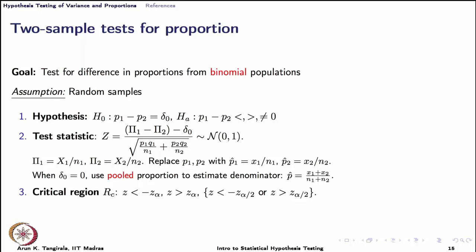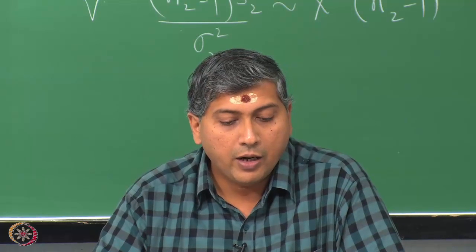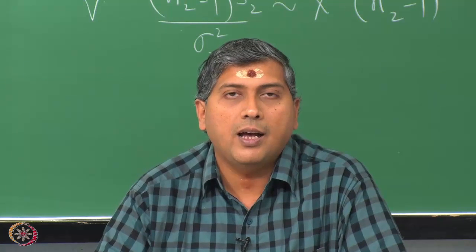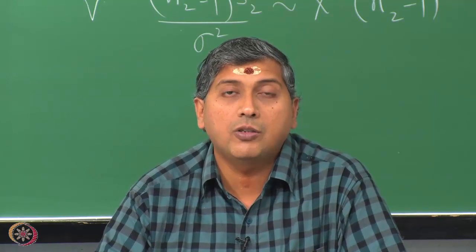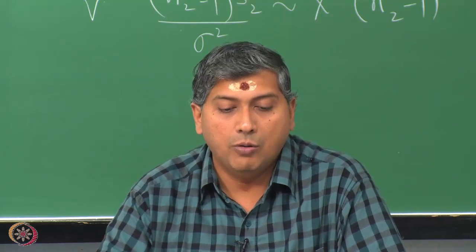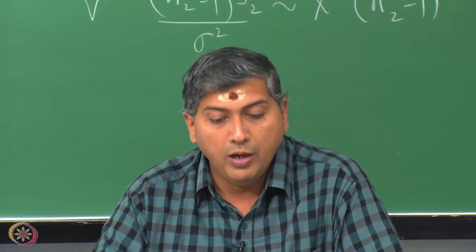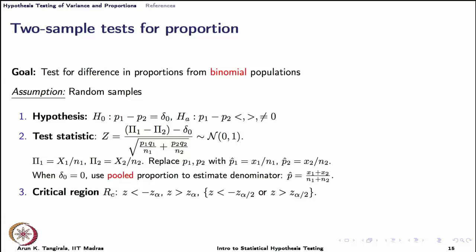So, what we do is we replace this p1 and p2 with their respective estimated values, and that is it. And what we can additionally do is, when we believe that both populations have the same proportion, that is the postulated value is 0 for the difference in proportions, we can use a pooled proportion idea to estimate the denominator, which is for p hat.